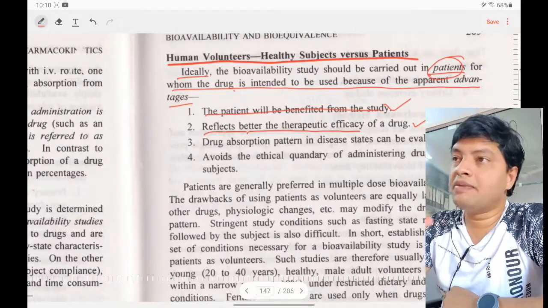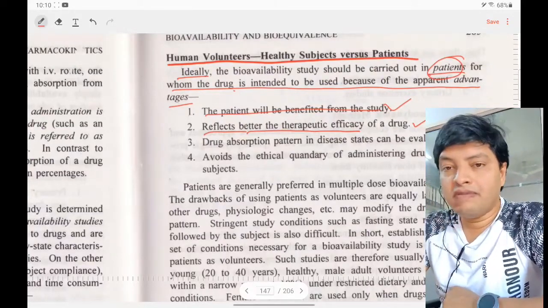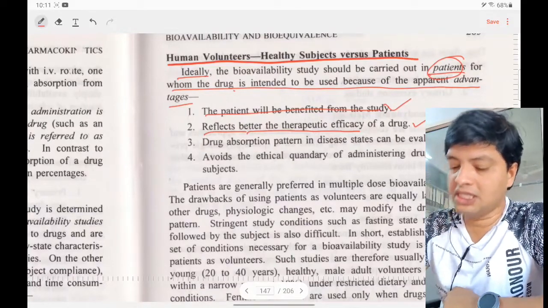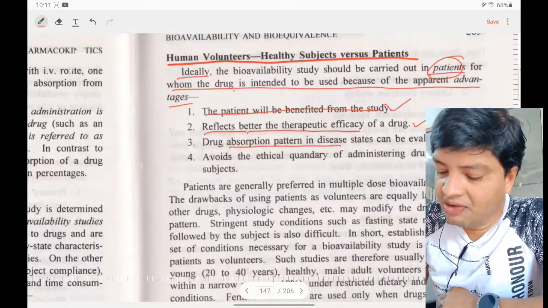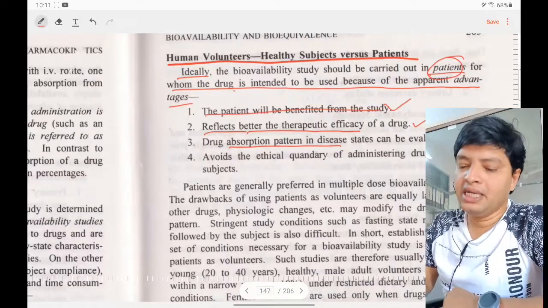If there is a problem in absorption in the disease state, and the pattern of drug absorption is changing due to the presence of the disease, that can be evaluated if you take patients in the bioavailability study.